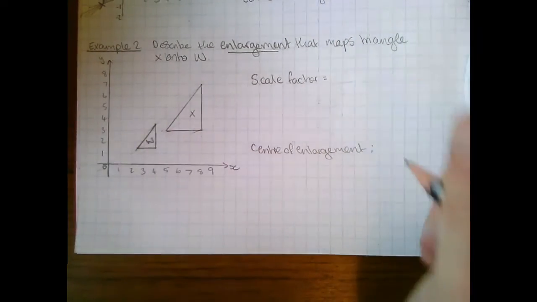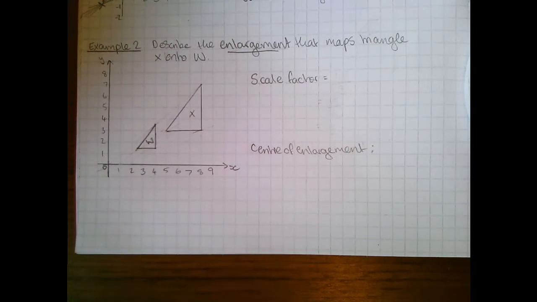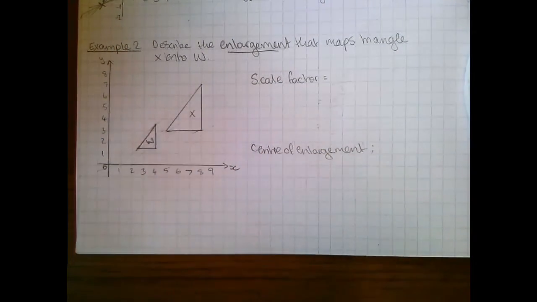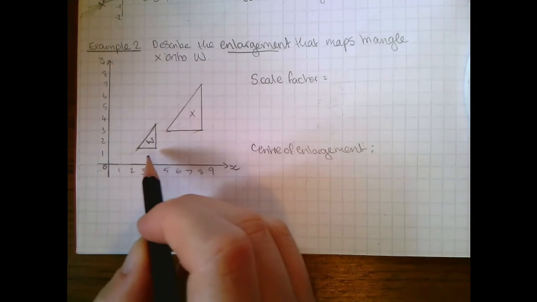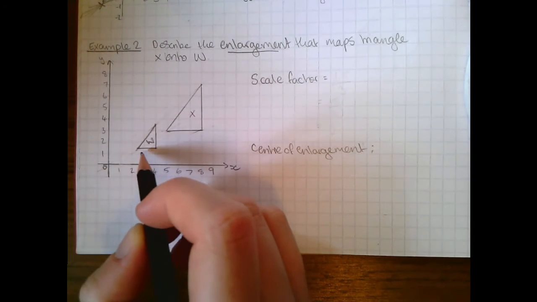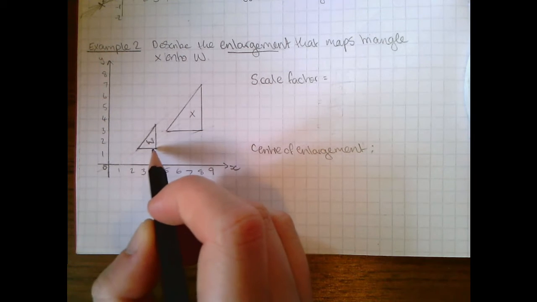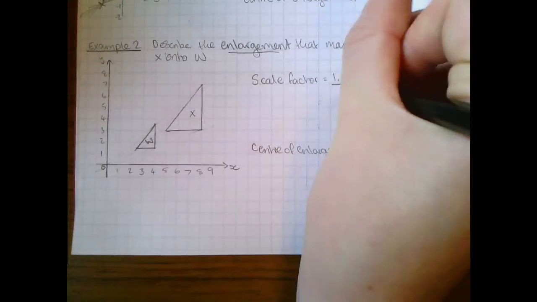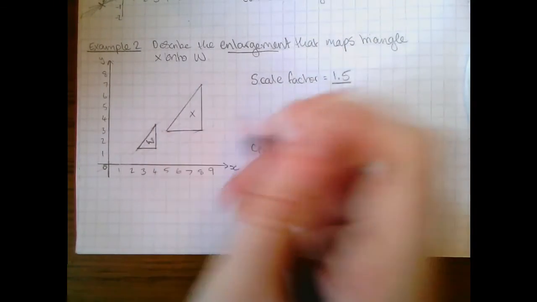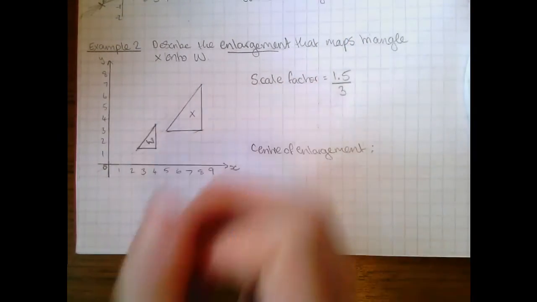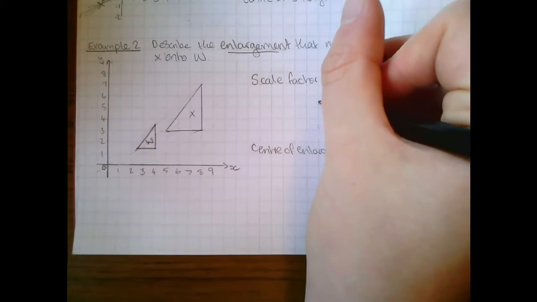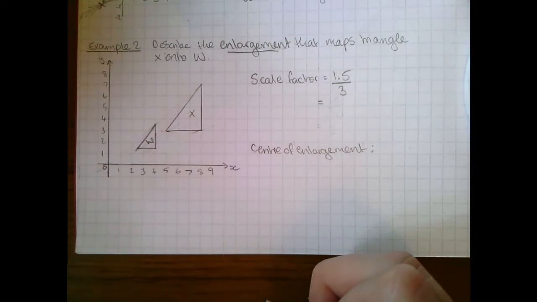So we know that our scale factor can be found by the length of the image divided by the length of the object. So if we look at the same side length, so if we look at this bottom side length, it doesn't matter which one you pick, you can see that our image has a base side length of 1.5. So that's 1.5. We're going to divide that now by 1, 2, 3. So that's the base of our object. Okay, this is tricky to do. 1.5 over 3.